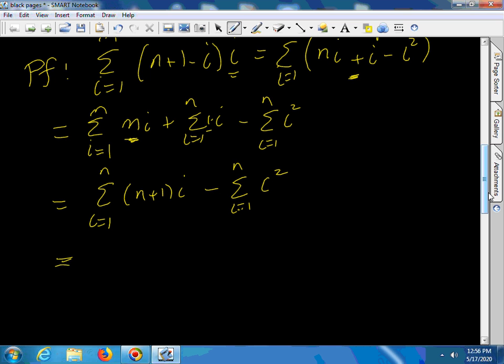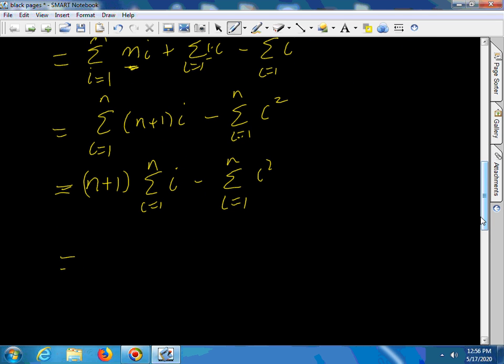The n plus 1 has nothing to do with the summation, so I can factor it out in front. i goes from 1 to n minus the summation of i squared.